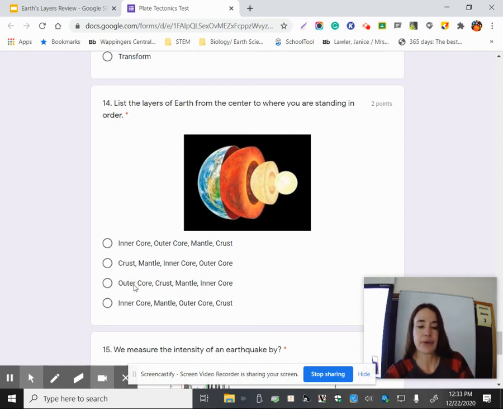Is it the outer core, crust, mantle, inner core? Is it the inner core, mantle, outer core, crust? So again, we want to go from the center to where we're standing.